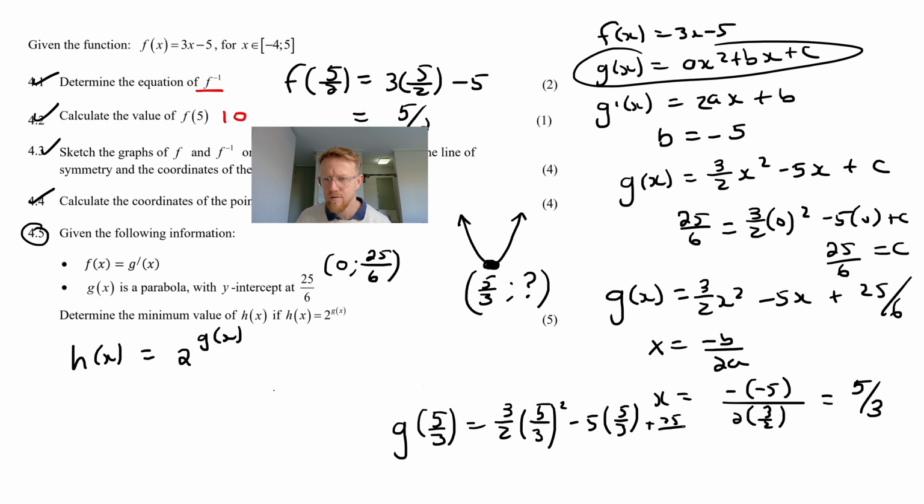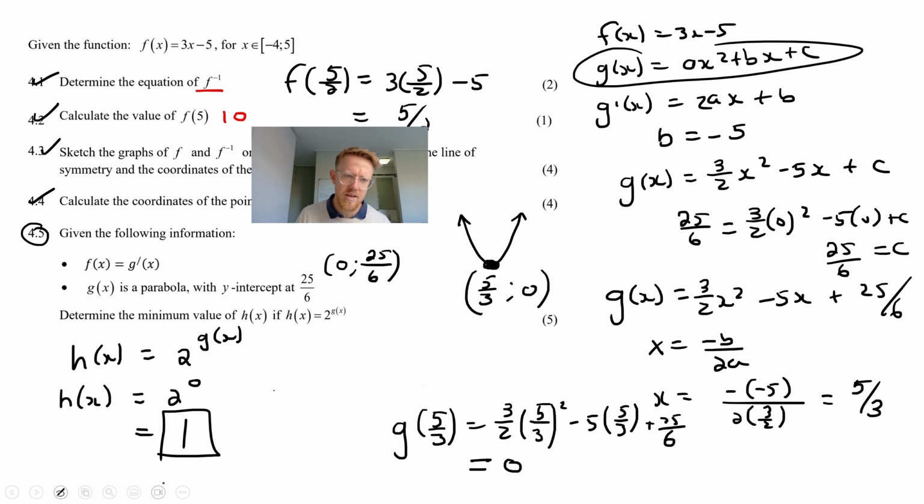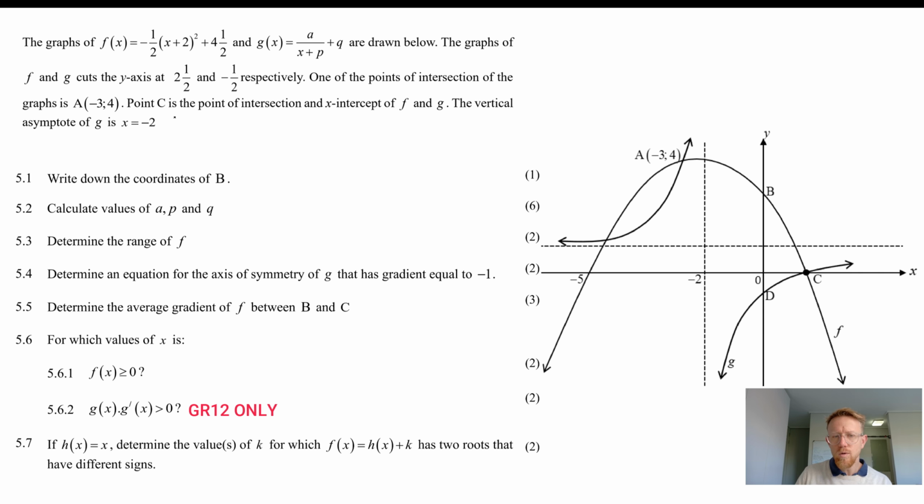Plus 25 over 6. And we actually just end up with 0. So what that means is that the minimum of g of x is 0. So then the minimum of this expression is going to be 2 to the 0, and that's actually just going to be 1.